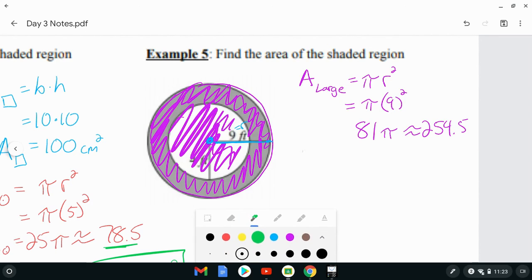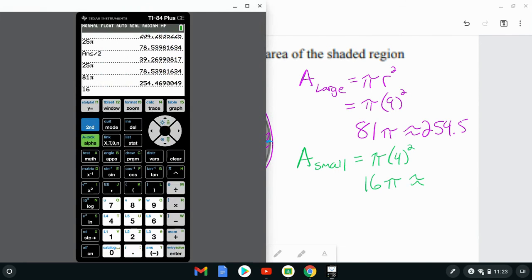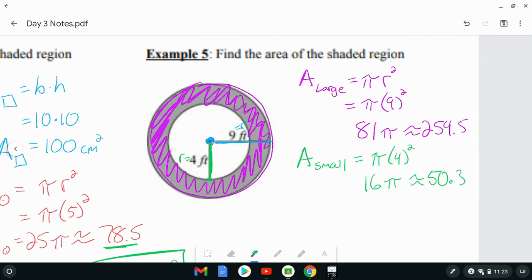If we take the area of the small region, that's just this part, that's what we're taking away. The radius for that circle is only going to be 4 because it's a smaller circle. So it would be pi times 4 squared, making it 16 pi, which in your calculator is going to be roughly 50.3. Now, once we have that, so that's the full, we want to take away that green part.